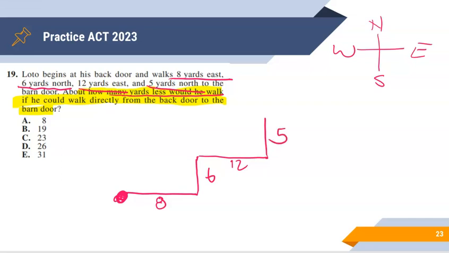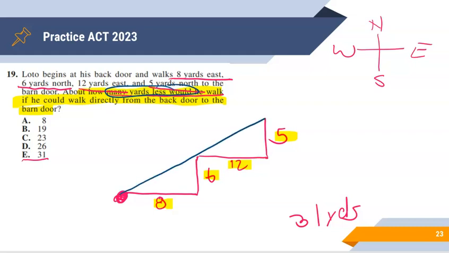Now, if he was walking all this way, right, adding up all those numbers, that turns out to be 31 yards, right? Which I think some people selected as an answer. Again, the question asks, how many yards less would he walk? So what if he were to travel this straight line? I'll bet you that would be a lot less.